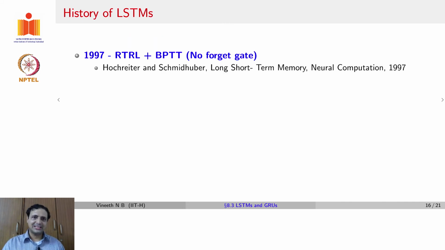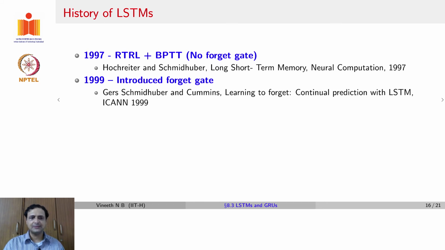So the history of LSTMs, to summarize, is in 1997, Hochreiter and Schmidhuber first proposed LSTMs, and the learning at that time used was known as real-time recurrent learning with backpropagation. There was no forget gate in this version of the LSTM in the late 90s.